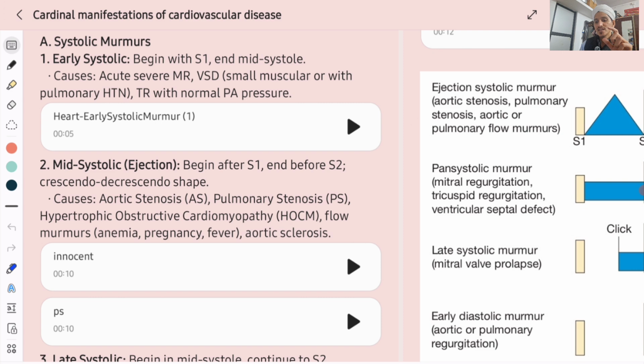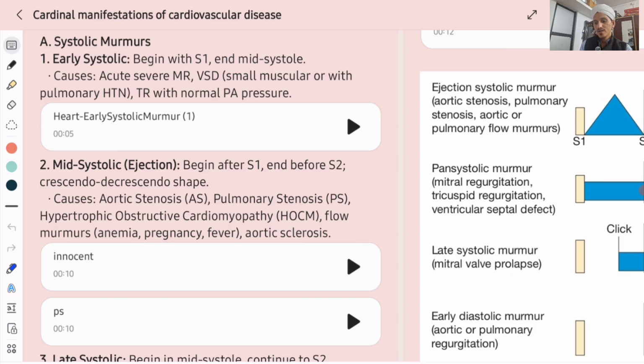That is known as innocent murmur. The difference is that the innocent ejection systolic murmur will be soft, but the pathologic ejection systolic murmur will be very harsh in quality.